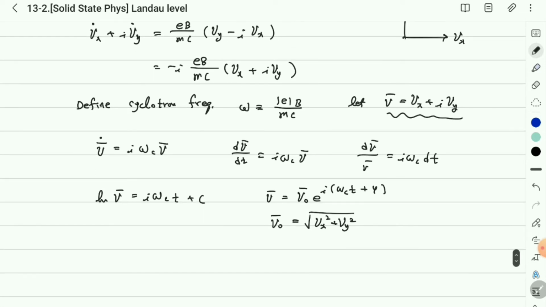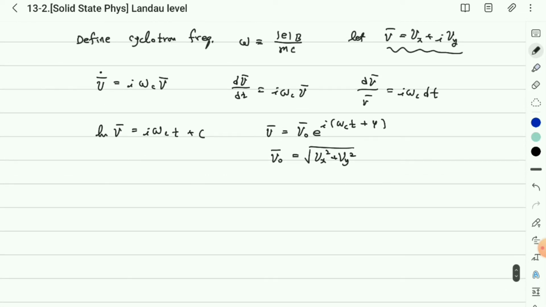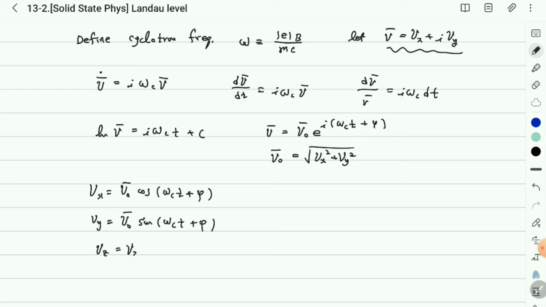And also in real space, from the above definition, vx can be written as v0 bar cosine of omega_c t plus phi, and vy is v0 bar sine of omega_c t plus phi. And vg equals vg0, a constant value.